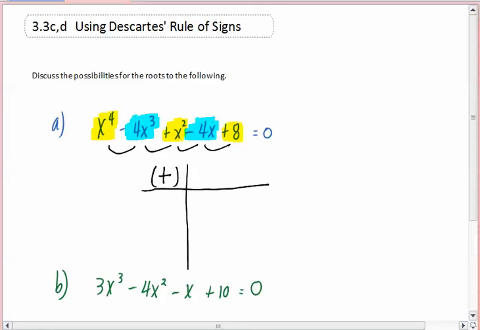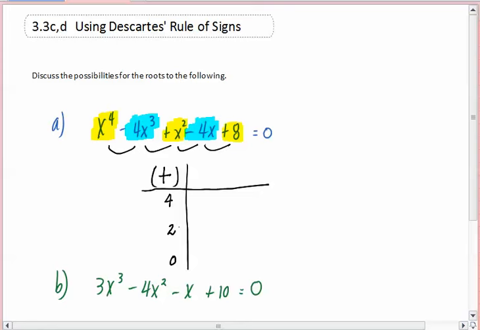I found that there were 4 sign changes, and that tells me that there are either 4 possible positive roots, or less than that by an even number. What would that be? 2 possible positive roots, or 0 possible positive roots.